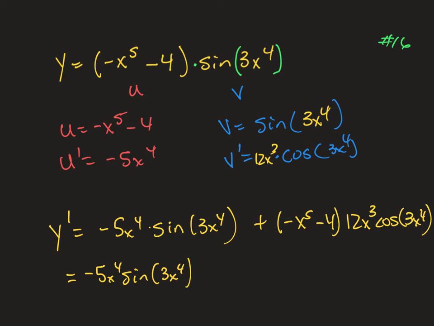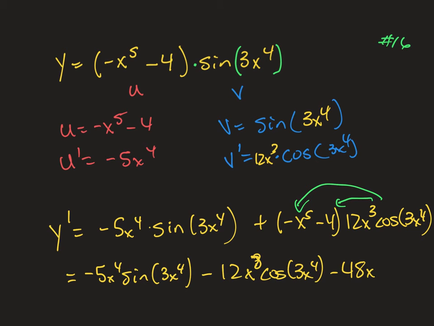We are going to distribute this whole term here to both of these in the parentheses. So I'm going to have minus 12x to the eighth, because 5 plus 3 is 8, cosine of 3x to the fourth, and then another minus sign and a 48x cubed cosine of 3x to the fourth.